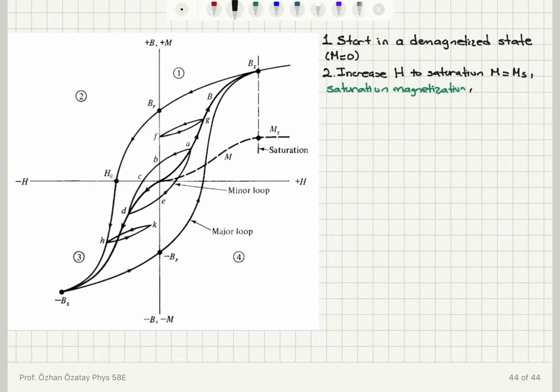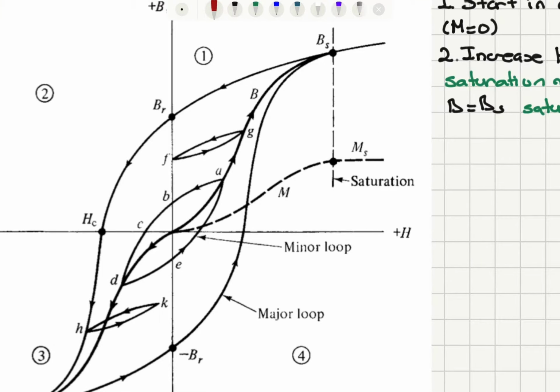And also B will become Bs, that is saturation magnetic induction. Okay, so how do we achieve this? Starting from the demagnetized state, let's look at what happens. If we're looking at the BH curve, we will see that this is going to follow a path like this.